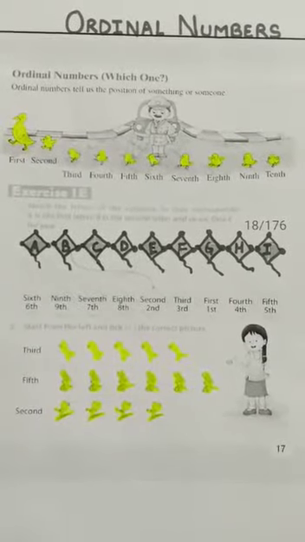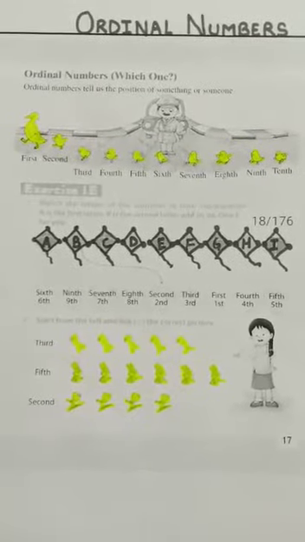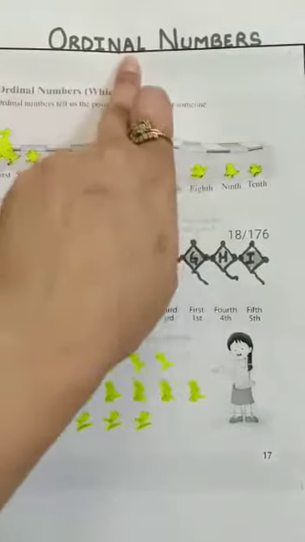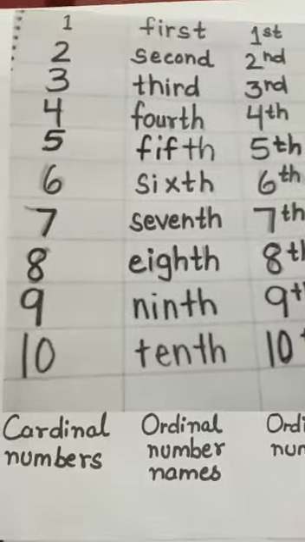Welcome to my class. Today we will solve some exercises related to our concept of ordinal numbers. So children, before beginning with the exercises, let us first again understand what ordinal numbers are.